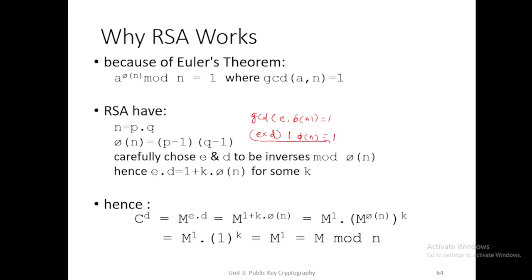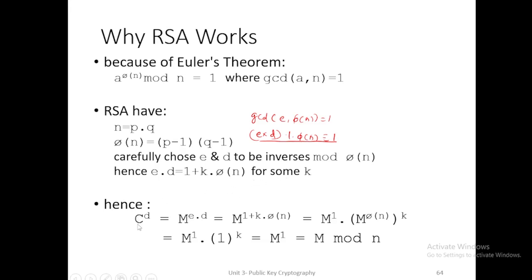This can be rewritten as E into D is equivalent to 1 plus k into phi of n. That means the remainder of E into D is in the form of k into phi of n.